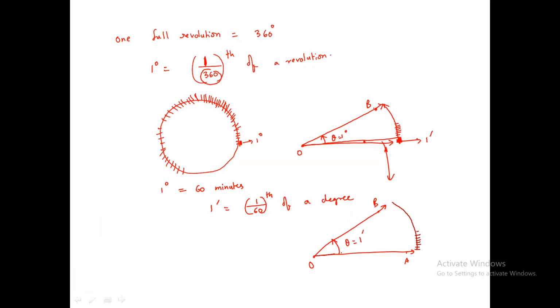So each part, that means this small angle, will represent 1 second. So 1 minute is divided into 60 seconds. So 1 second will be 1 by 60th of a minute. If you don't zoom, you can't see.